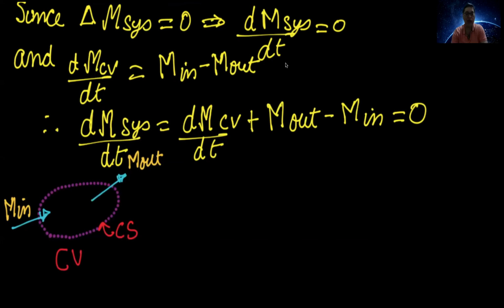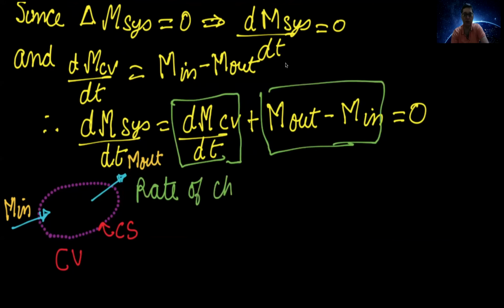Note that when we convert the rate of change of mass for a system to that for a control volume, there are two terms. For a fixed mass system, you have a single term, the rate of change. But for the rate of change of mass for the control volume, there are two terms. This is called the rate of change of mass of the fluid stored inside the control volume.